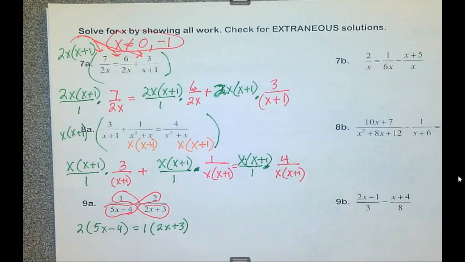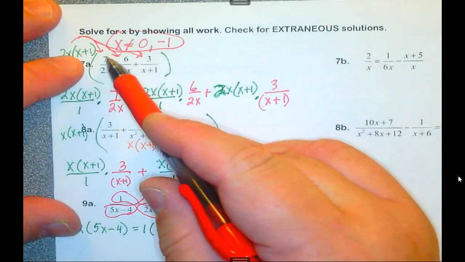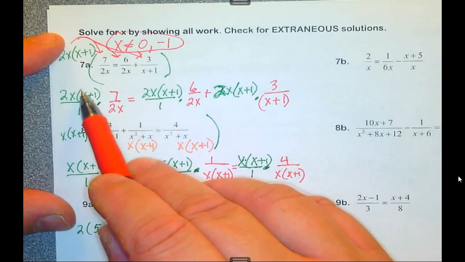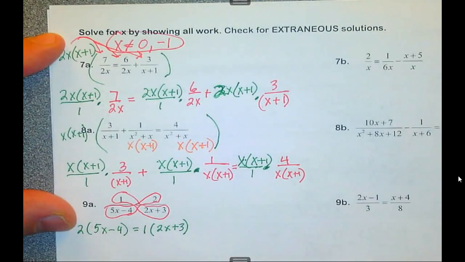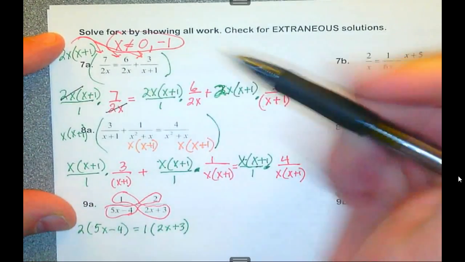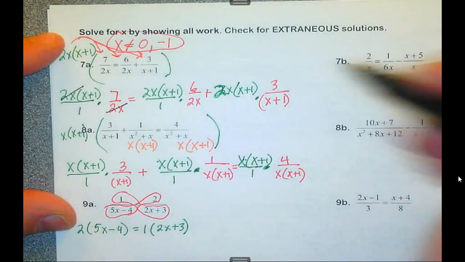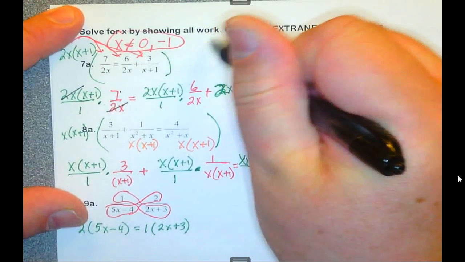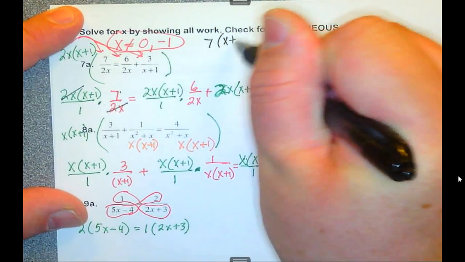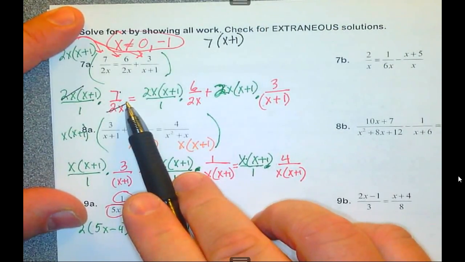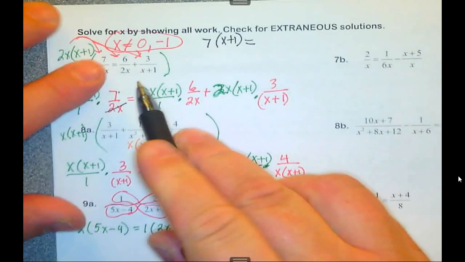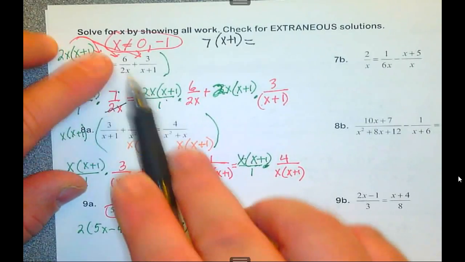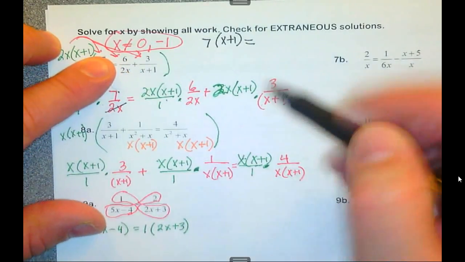make fewer mistakes. Okay? So my first term, 7 over 2x, I'm going to multiply by 2x times x plus 1. My 2x cancels out, and I get 7 times x plus 1. Remember, the whole idea here is to get rid of the fractions. So that's 7 times x plus 1 equals, and then I have my common denominator, 2x times x plus 1, times my second term, 6 over 2x.